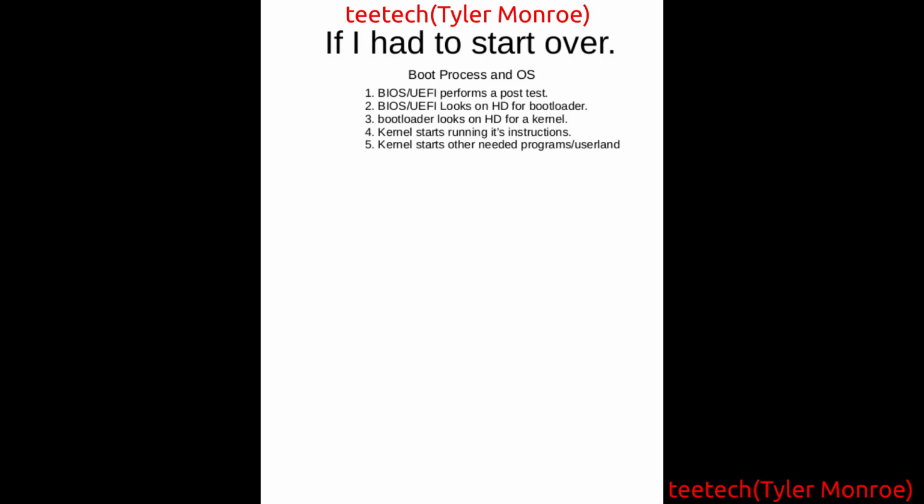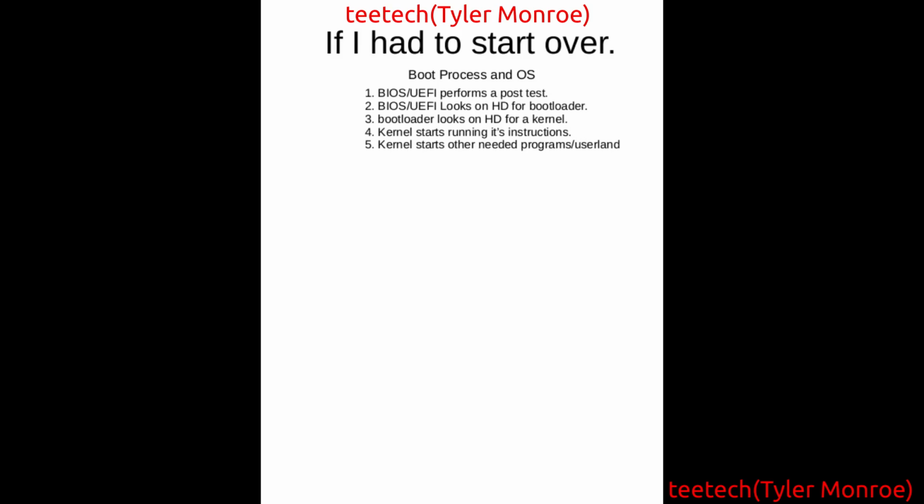Alright, and after it does that, then the bootloader knows more than the BIOS, and it looks on the hard drive, but further onto it, for a kernel. Okay, now the kernel is the operating system. Now then again, as we said, the CPU is going to start loading the kernel's instructions in and start to operate on that.